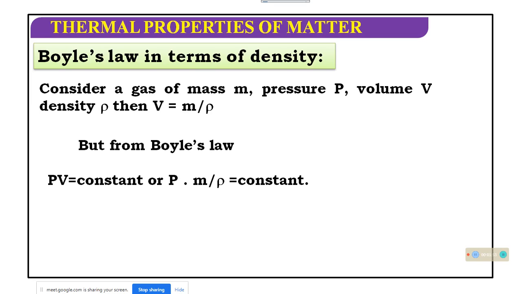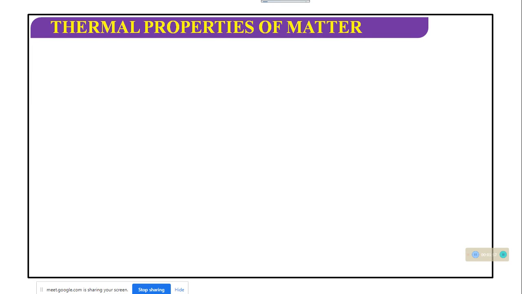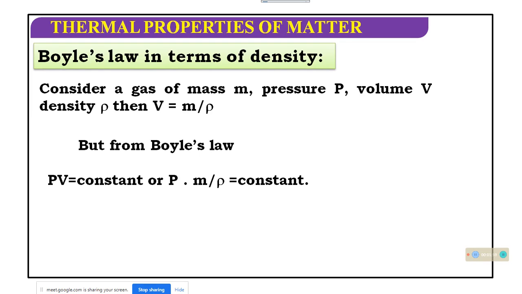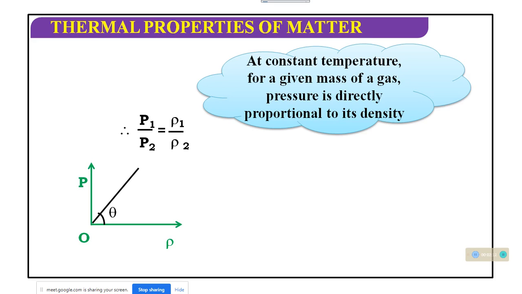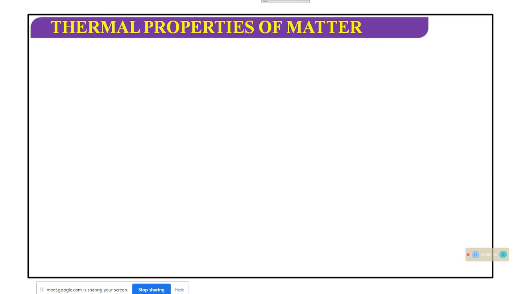If I put V equals m by rho, so m is constant, we can write P by rho equals constant. At a constant temperature for a given mass, the pressure is directly proportional to the density. P1 by P2 equals rho 1 by rho 2. This P by rho is constant at a given temperature.